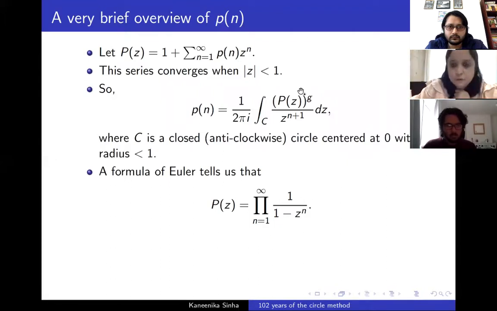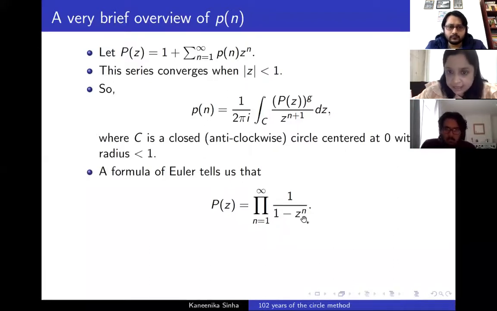So suppose you wanted to do this integration over the contour C. Notice your z to the n plus 1 in the denominator will not create any problem, because absolute value of z is approaching 1, going away from 0. So we are safe here. With P of z raised to the power, however, you get powers of this infinite product, which has 1 minus z to the n in the denominator.